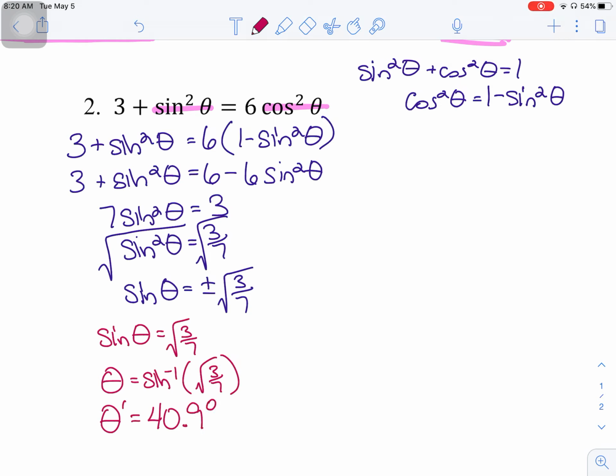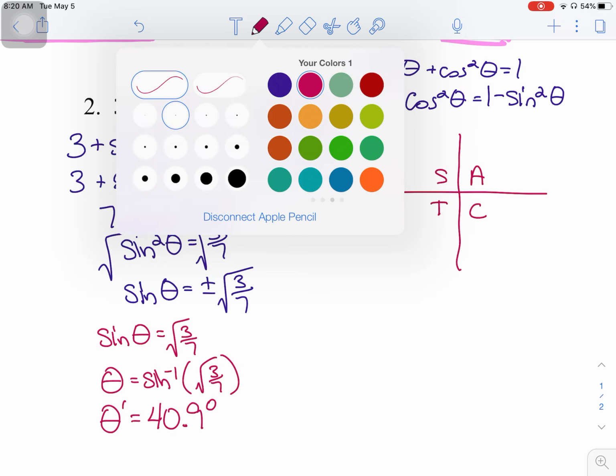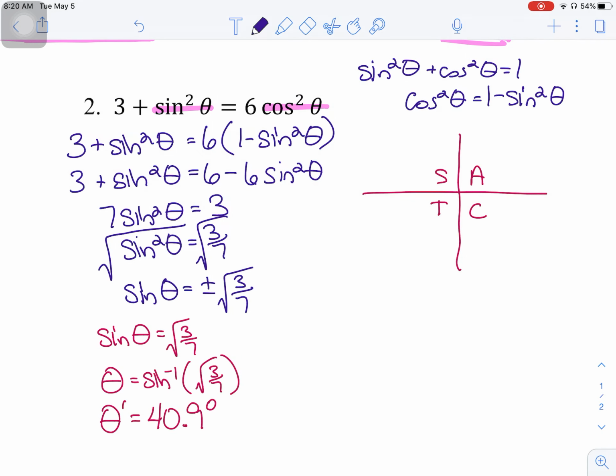Okay, so that's what I know my reference angle is. So you guys know by now, if you watched enough of these, A, S, T, C. In quadrant number 1, I have a 40.9 degree angle.